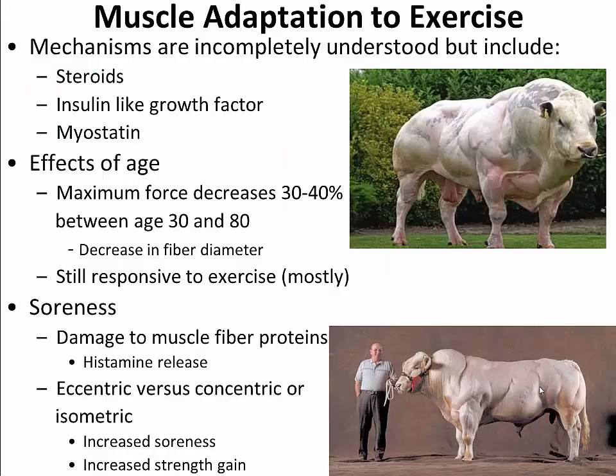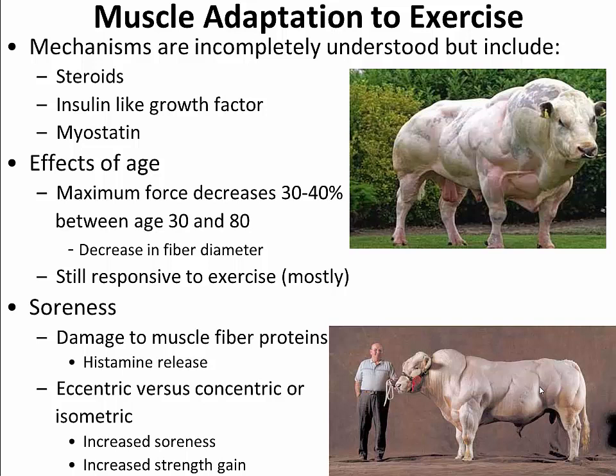We also notice that the ability of muscles to respond to exercise, disappointingly, decreases with age. On average we have a maximum force decrease of 30 to 40% between the ages of 30 and 80, and we see a decrease in muscle diameter that corresponds with that.